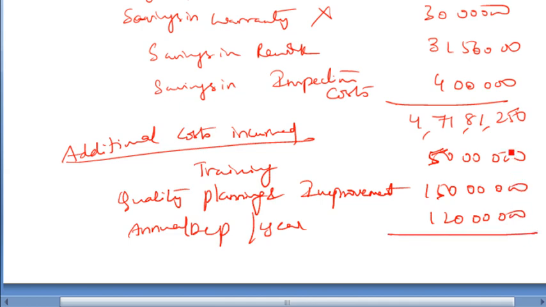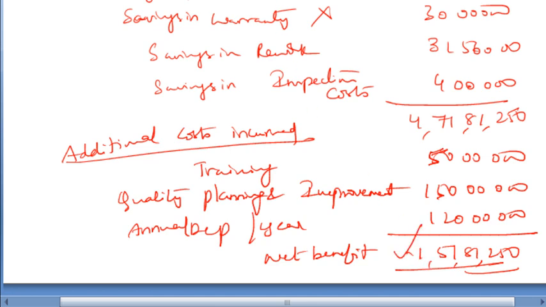So if you reduce all these additional costs, there is a net positive benefit. Net benefit of how much? 1 crore 51 lakh 81,250. So which is very good, right? Let me change the color. Which is very good from the company's perspective, right? There's a net positive benefit of how much? 1 crore 51 lakh 81,250.